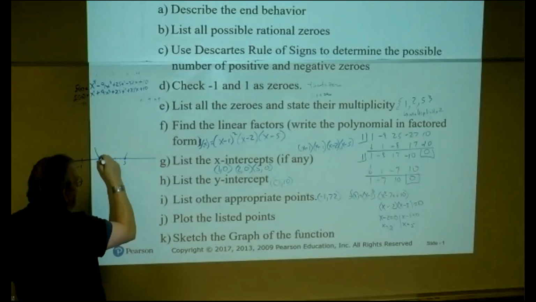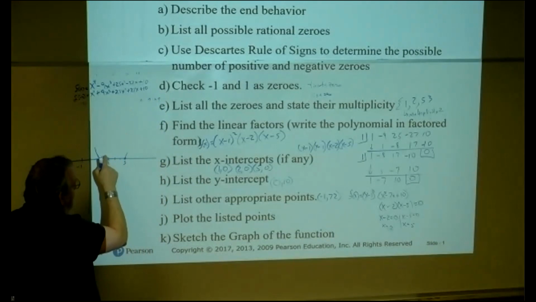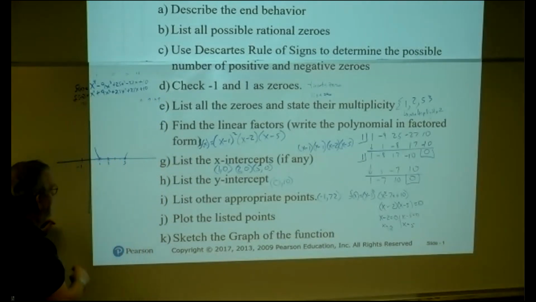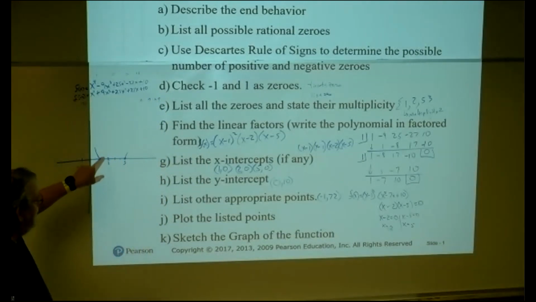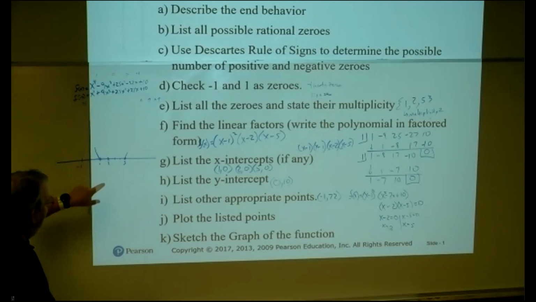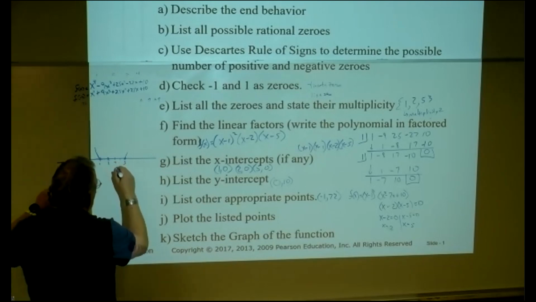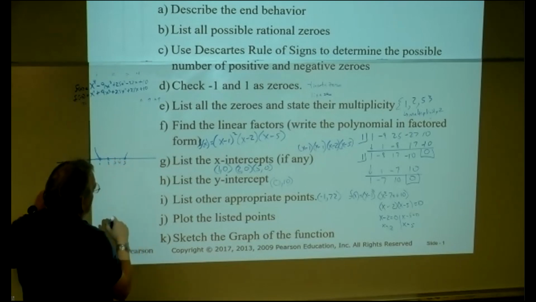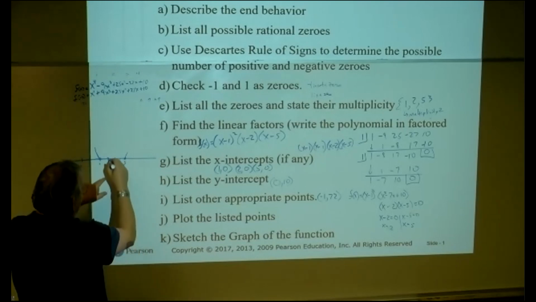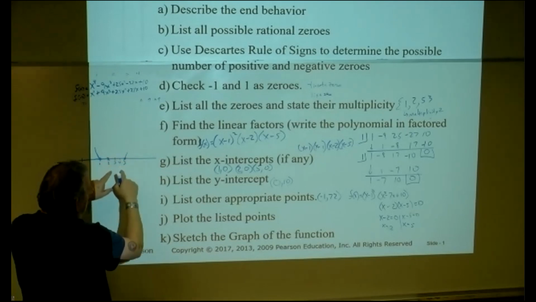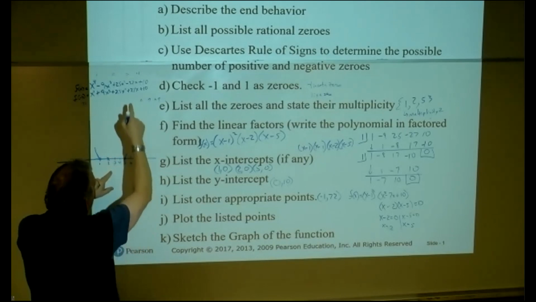And so it's going to come up here somewhere and come back down again. I'm not going to actually draw that in yet. And then at 3 and 4, it's going to be down here because it passes through at these 2. And then at 6, it's somewhere up there.